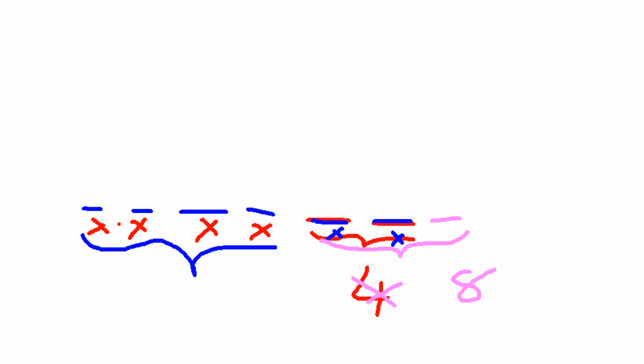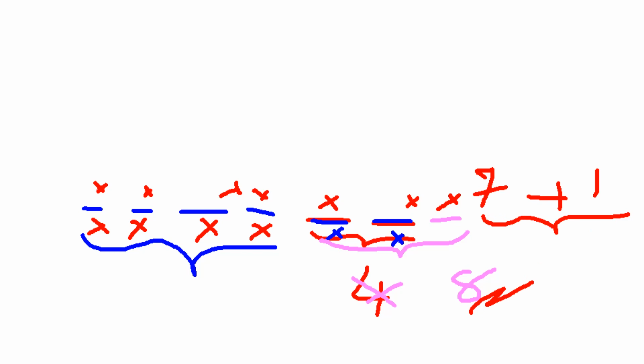Namely, for single bit error, this bit, 1, 2, 3, 4, or this bit, and this bit, 7 cases of single error, and no error at all. So 8 situations. So that's enough, right? Okay, that's enough.